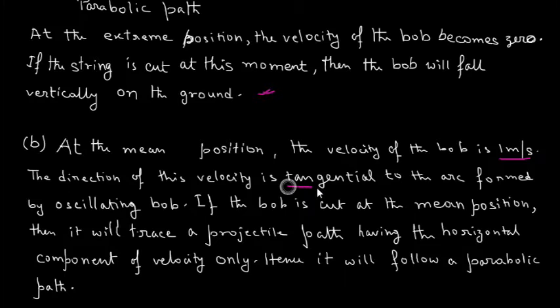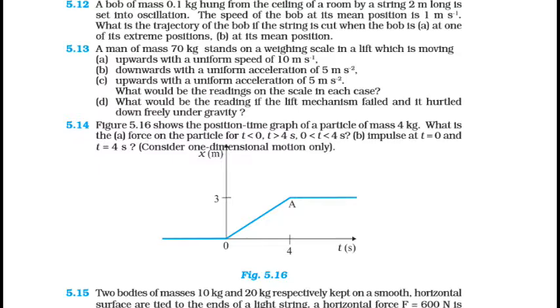If the bob is cut at the mean position, then it will trace a projectile path having the horizontal component of velocity only, hence it will follow a parabolic path. So this is the explanation to the answer. Let us move to the next question.